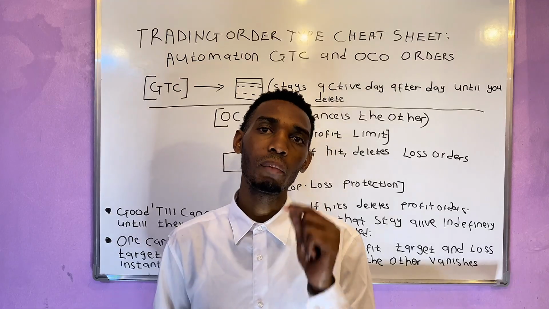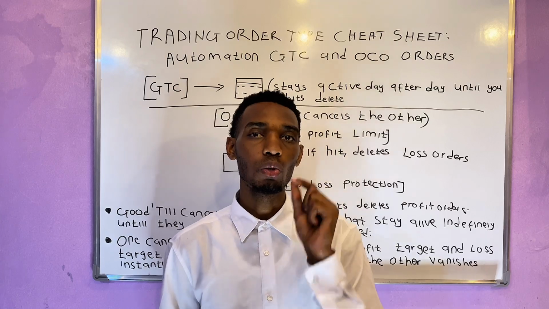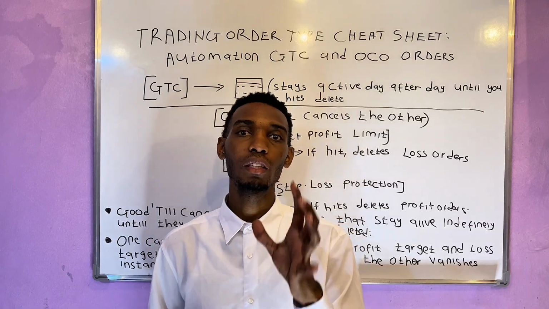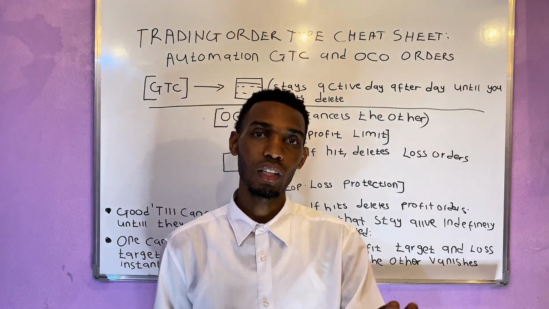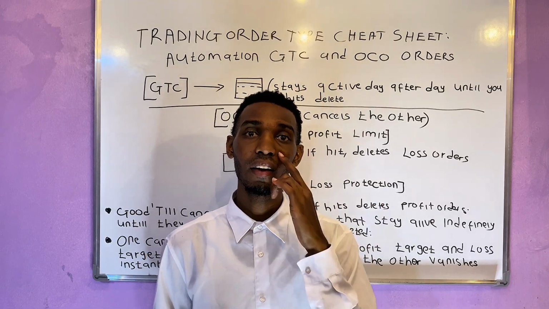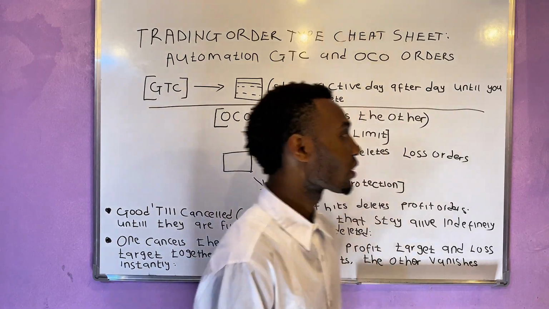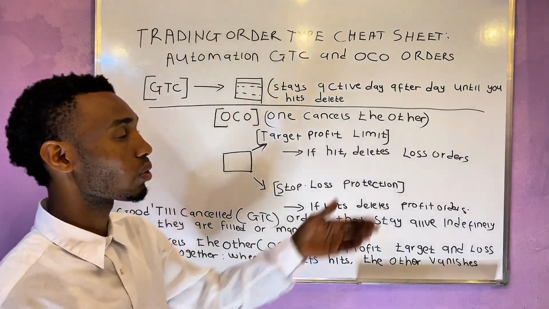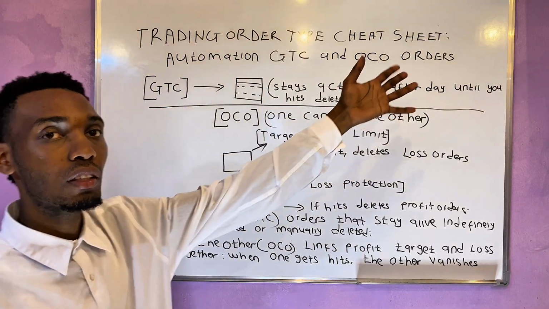The moment the market hits one of those options, your assistant executes it and immediately tears up the other order so you don't accidentally enter a double trade later. That is all about automation, GTC and OCO orders, on the trading order types cheat sheet.